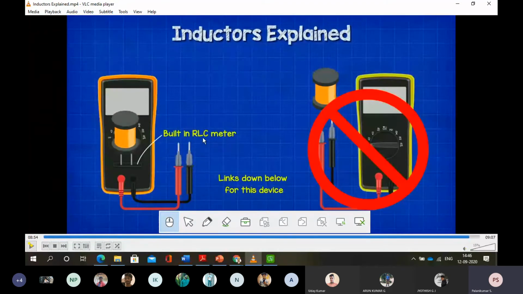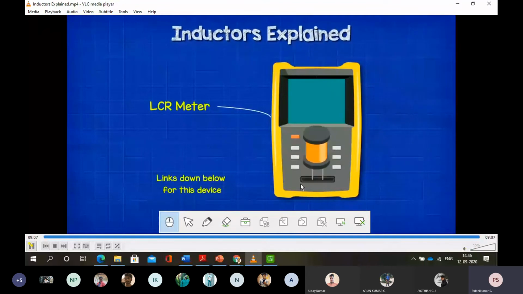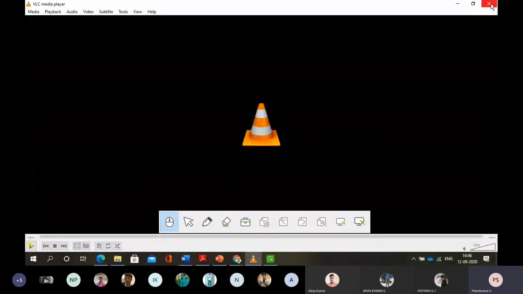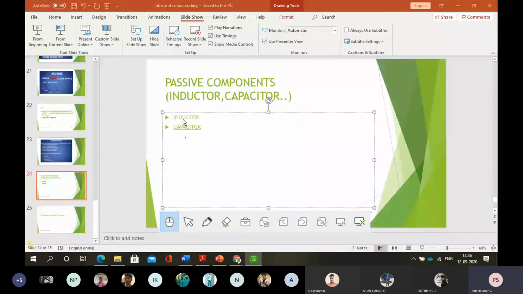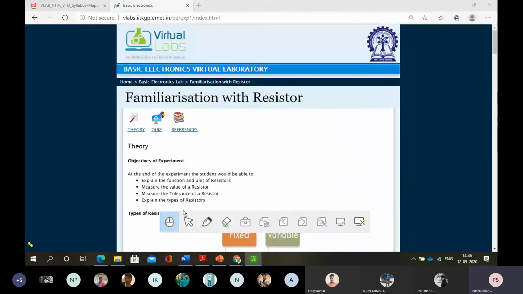If we keep this inductor here, we need not connect it like this. We have to do it like this with the LCR meter. Whatever the inductor, we can place it there. There will be pins available. If you press that, automatically the value of the inductor will be displayed. So this is how we can understand and study an inductor.